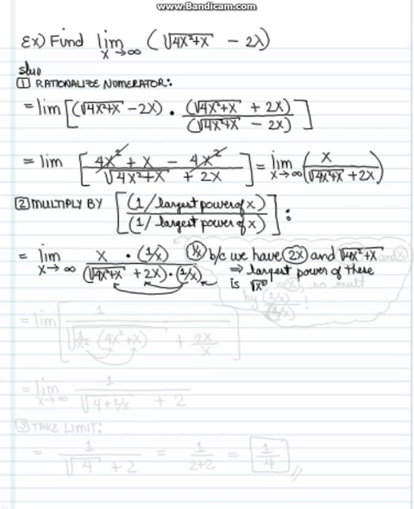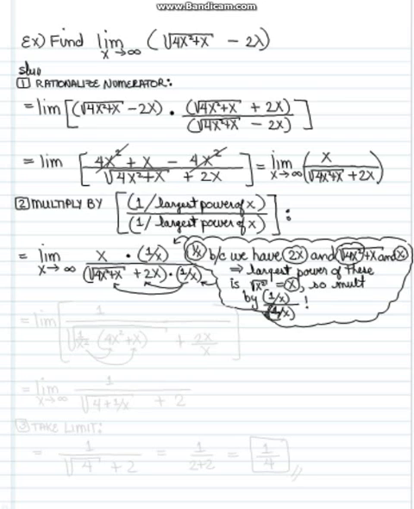The one that's a little tricky is the square root of 4x squared. Well, the square root of x squared is x. So the square root of 4x squared is 2x, see? So we just had to see what the highest power was if we had evaluated the square root symbol. So it turned out being x to the first power. So that's why we multiply the top and the bottom by 1 over x.